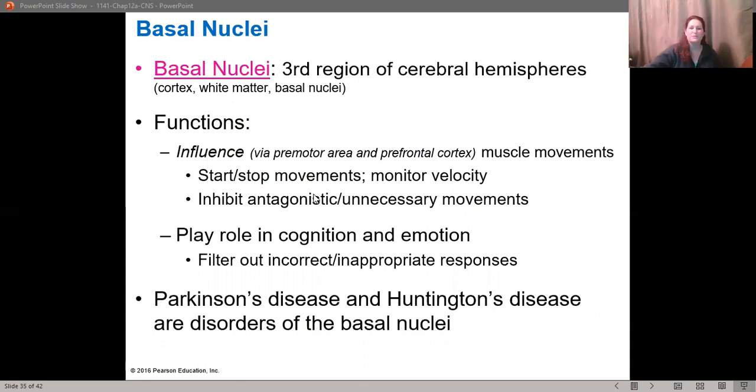So they will play a role in editing movement or editing a behavior. And Parkinson's and Huntington's disease are disorders of the basal nuclei, but those are neurotransmitter related.